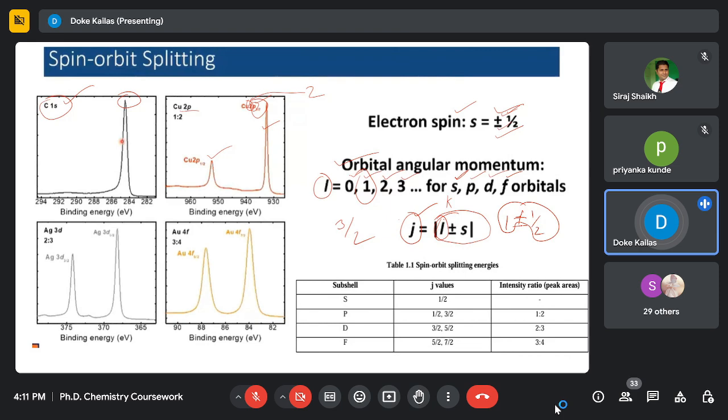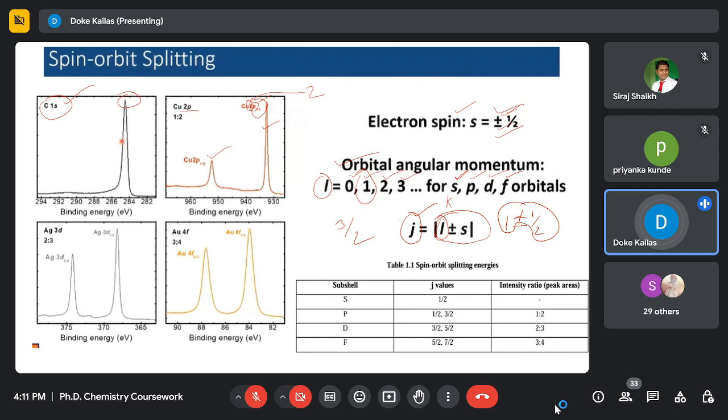In case of a d orbital, when the electron is ejected from the d orbital, then according to spin orbit splitting it gets two different energy levels, d 5 by 2 and d 3 by 2, and the intensity ratio will not be 1:2, it becomes 2:3. In short, the EG level and T2G level in terms of d orbitals.